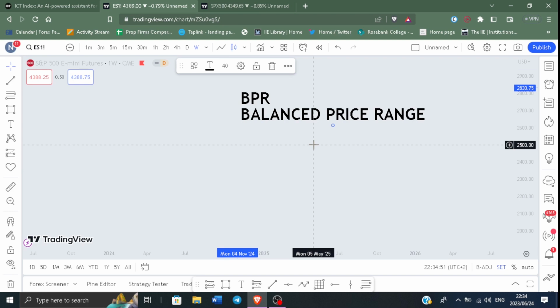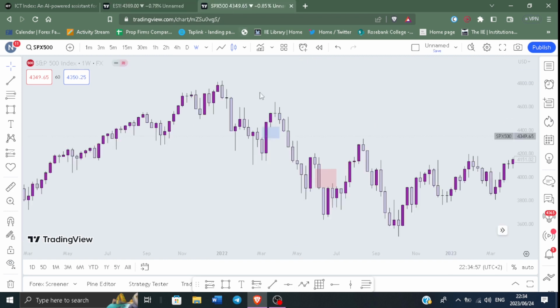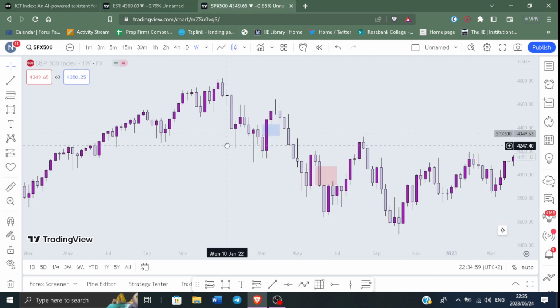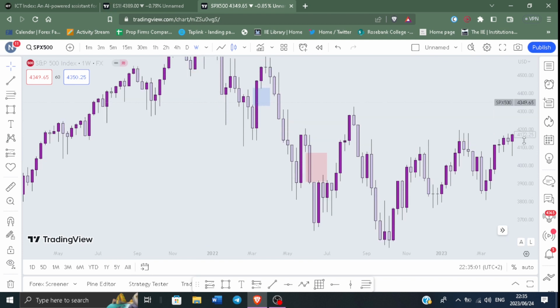Now over to the next concept is a BPR, a balanced price range. A balanced price range is when we have two fair value gaps that overlap each other. So if we look at the charts here, we'll notice that we have this bullish fair value gap and we have this bearish fair value gap over here.